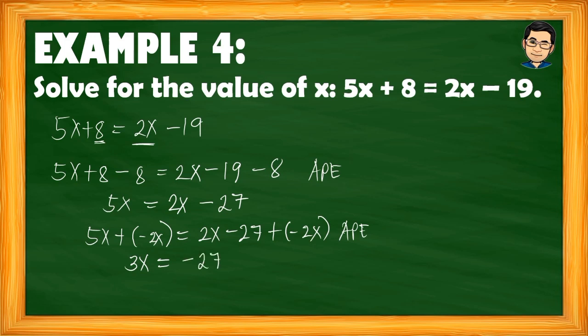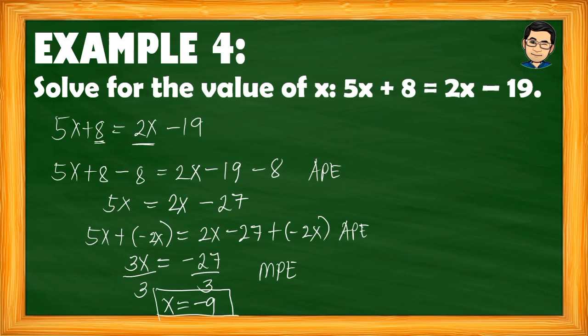Makakancel na po yung 2x tsaka negative 2x. And then, using MPE, magmumultiply tayo ng 1/3 to both sides. Or, madaling paraan, divide natin both sides by 3. So, the value of x here is negative 9.